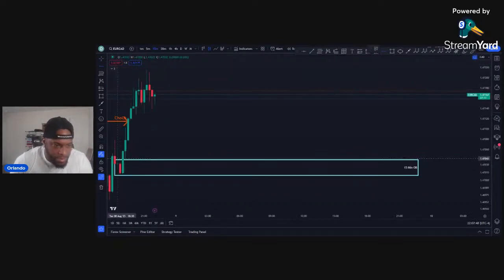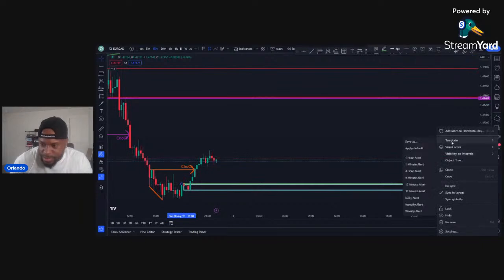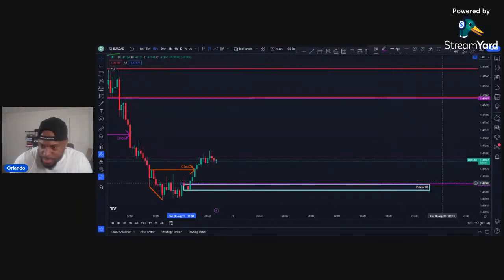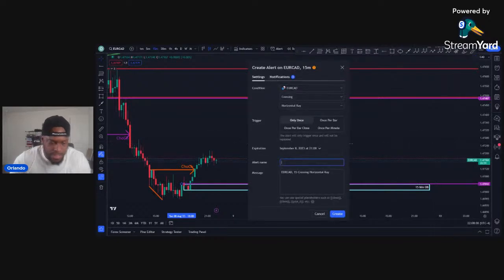So we're going to simply mark this, like so. I'm going to put a 15-minute alert, turn purple, and then create an alert. And say, hey, EuroCAD 15-minute supply POI. I mean, this is demand, excuse me. 15-minute demand POI. All right.